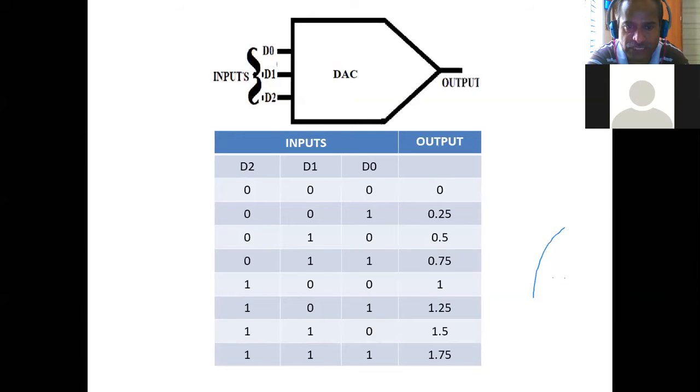If the digital input is 1, 0, 0, analog output is 1. Like this, if all the digital inputs are 5 volts, that is 1, 1, 1, the analog output is 1.75 volts. In this way, this circuit converts a digital signal or digital data into its equivalent analog signal.